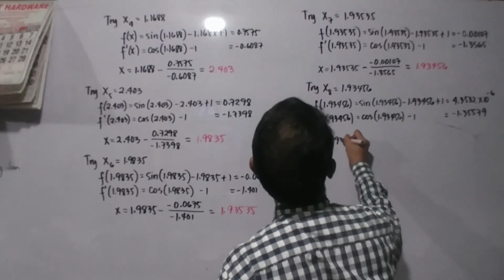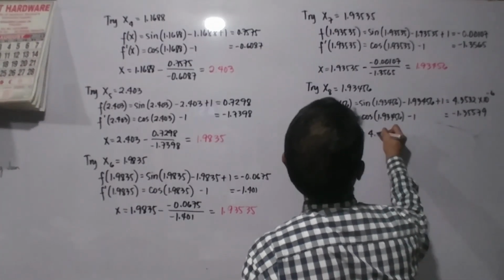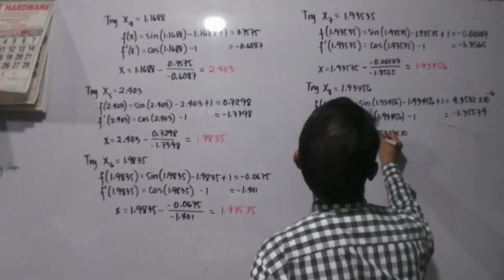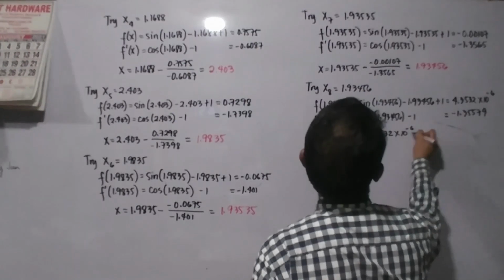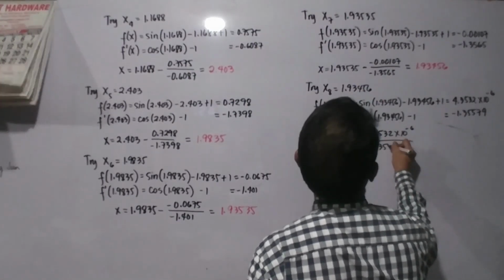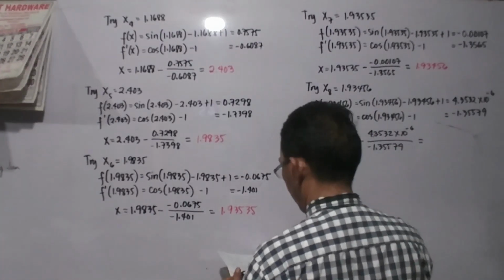We have 1.93456 minus 4.3532 times 10 to the negative 6 over negative 1.35579 equals.